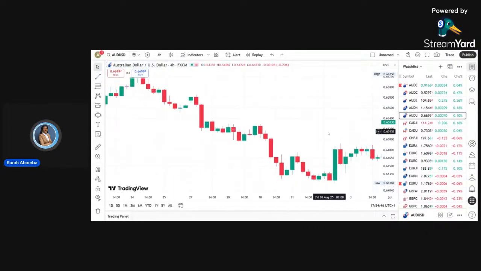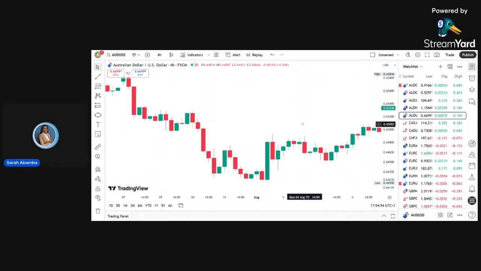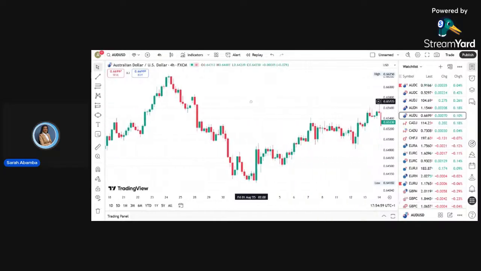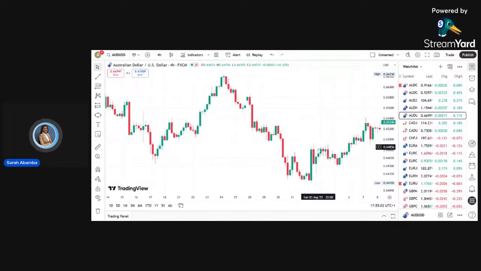First, we saw a small red candle that was formed. Then the second candle, a green candle, was formed, and you see that the market just started going up. So in this scenario, what you do is place a buy order.